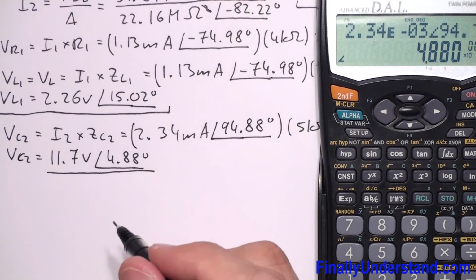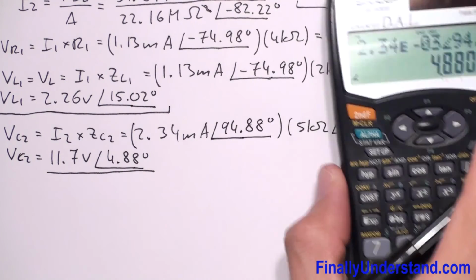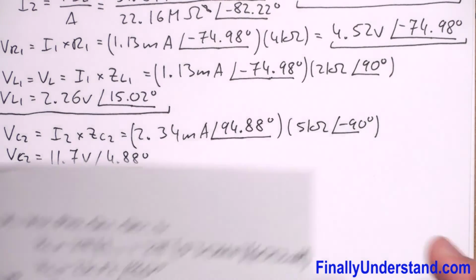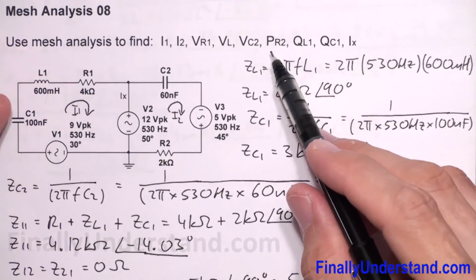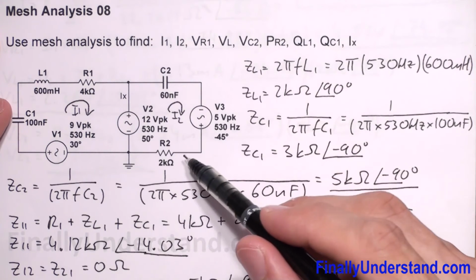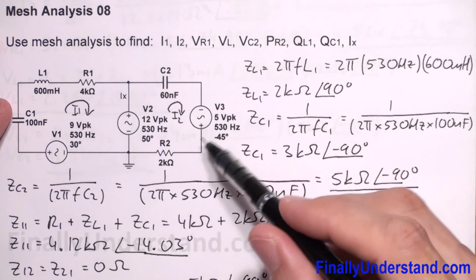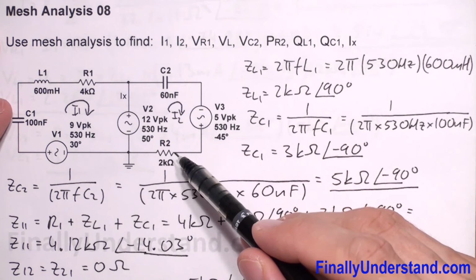Next, we're supposed to find the power at resistor R2. So if I'm going to look at the diagram, I have power at resistor R2. My R2 is in the loop 2. So current I2 will flow through the resistor R2.